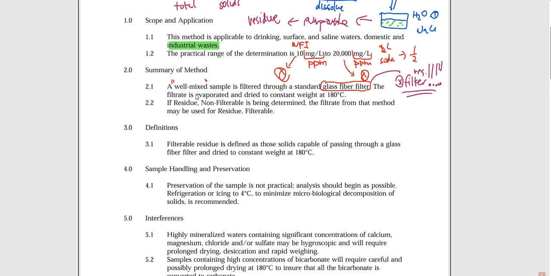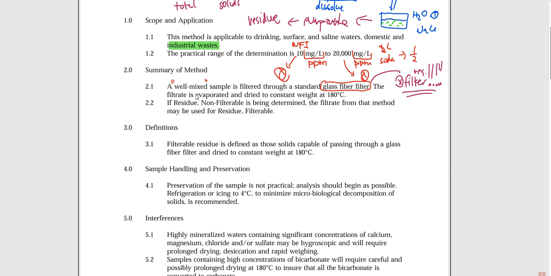The glass fiber filter actually has larger pores and more stuff can go through it. That's kind of the point of using them, because anything dissolved, we want to make sure that it does go through, and we only want that filter paper to keep some larger stuff behind. If I can see this visually with my eyes, then that is the stuff that's going to be kept behind on that glass fiber filter.